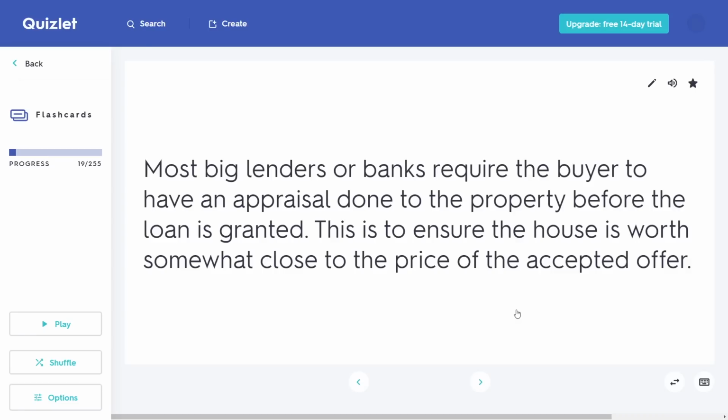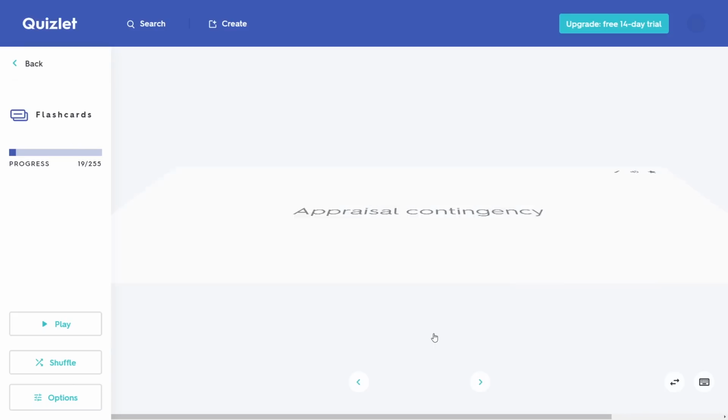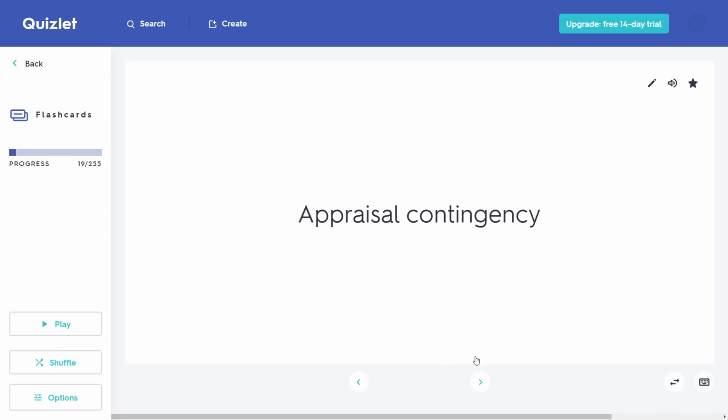Obviously, there's more to that, but that's pretty much the basics of that. And again, contingency, which we'll cover a little bit later, but when you're talking about appraisal contingency, that's just the specific part of the contract that states you need to get an appraisal done, and oftentimes, if it doesn't work out the way you want, you potentially could back out of the offer. So, all right, next one.